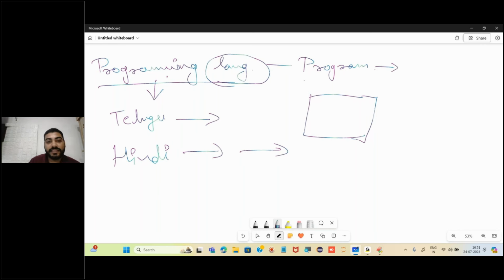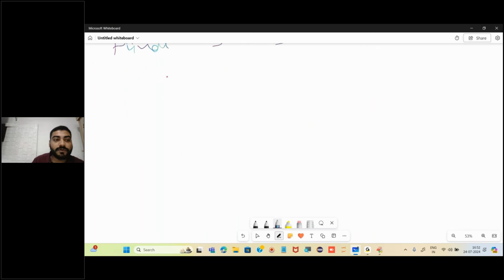Observing, right? But here we have to make sure that we are giving instructions to the systems. For every programming language there is a syntax.